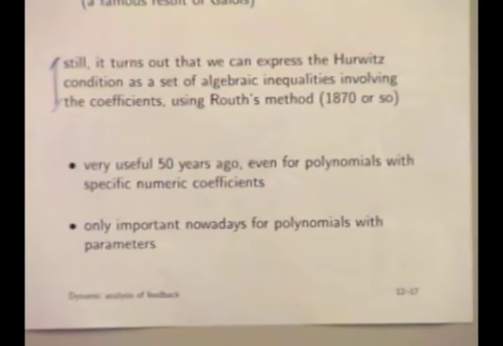So the interesting question now is, for what range of controller parameters will my system be stable? And using these inequalities, we can determine those ranges very easily. Is everybody with me?